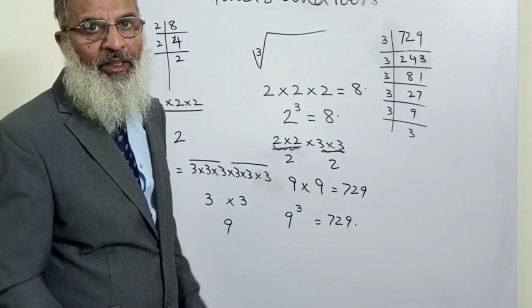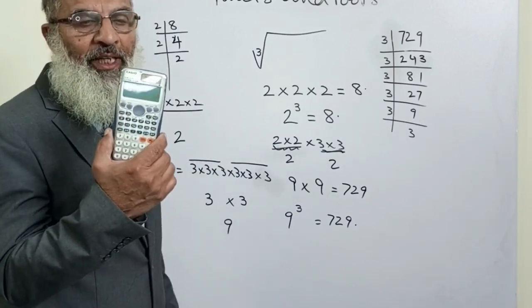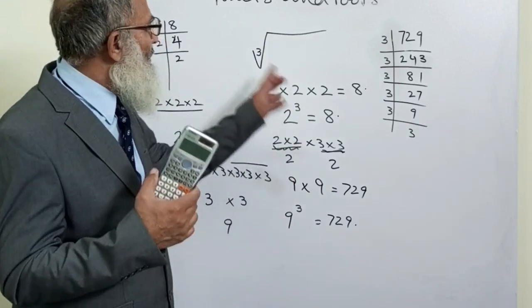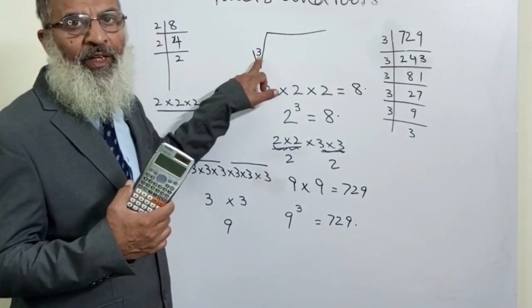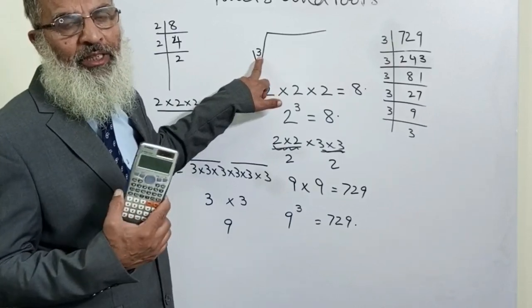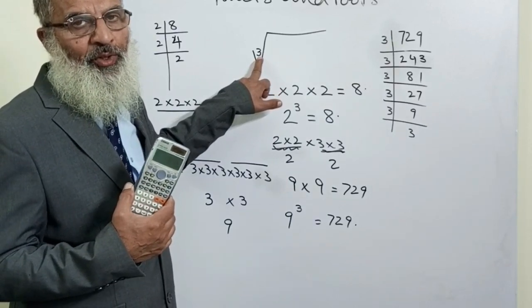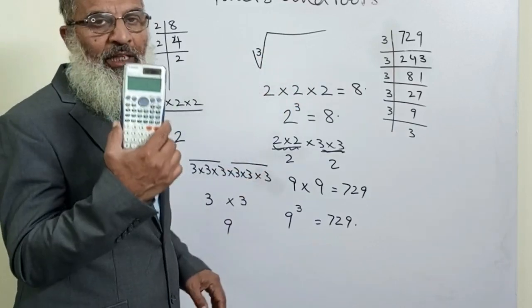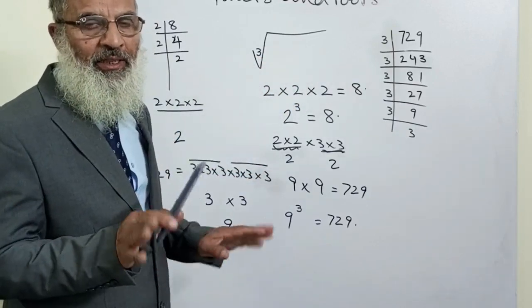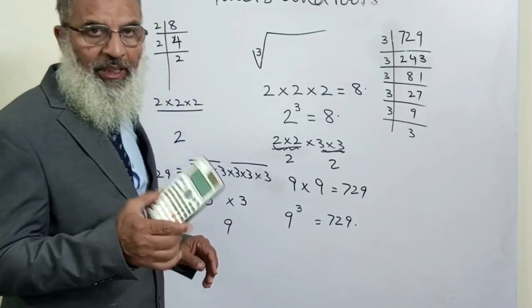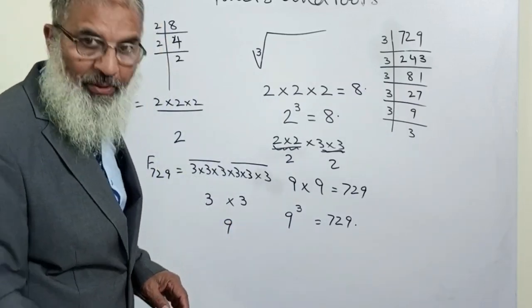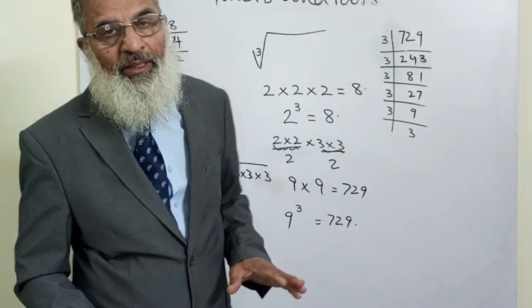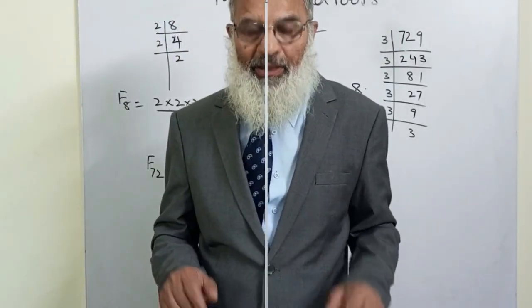But in this calculator you can find every root, whether it is 3, 4, 5, 6 or whatsoever it is. This is a scientific calculator, and there are many modern calculators available nowadays. So you are also given access to calculators.